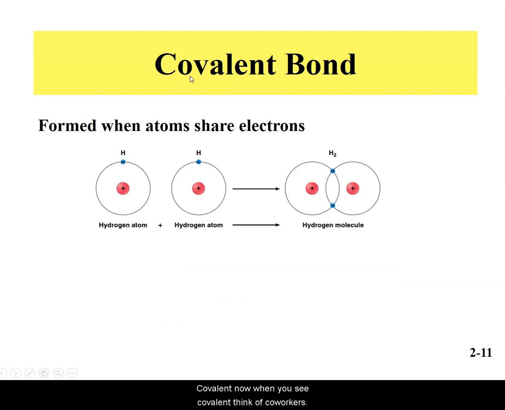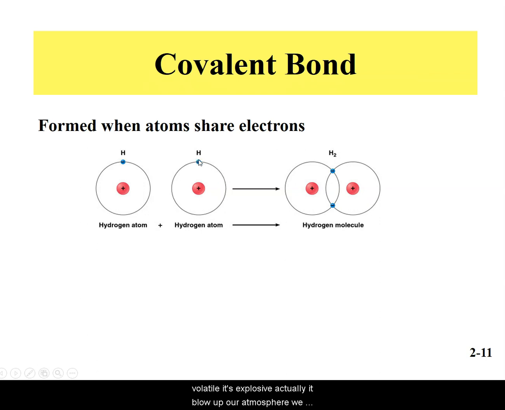Covalent. Now when you see covalent, think of co-workers. Covalent bonds are formed when the electron is shared. So covalent, think of share, like a co-worker helps share the workload. We've talked about this before, that a hydrogen by itself is very volatile.